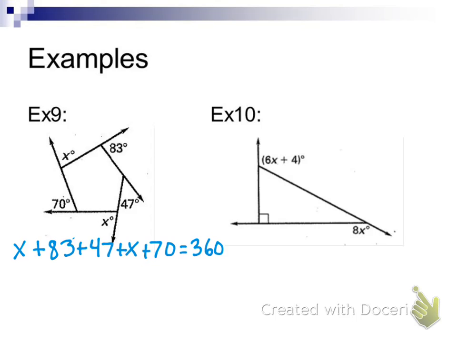Combine like terms, 1x plus 1x is 2x plus, we need to do 83 plus 47 plus 70. Okay, then what?